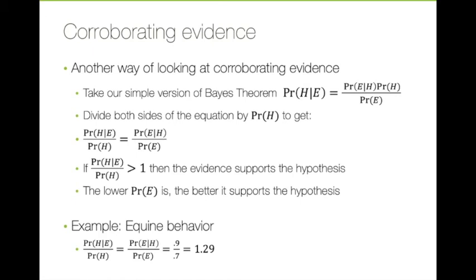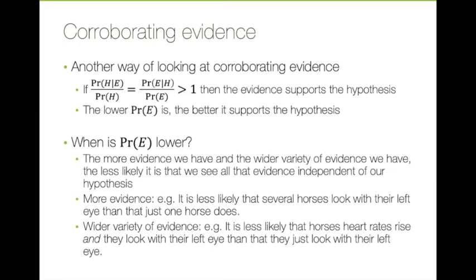So this ratio helps us see that evidence supports a hypothesis, regardless of how likely that hypothesis is given the evidence. Another benefit of this way of showing that evidence supports a hypothesis is that it helps us see what kind of evidence better supports it.